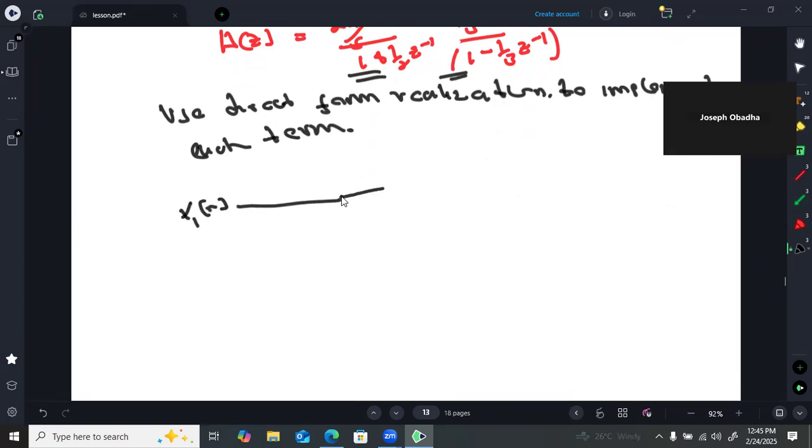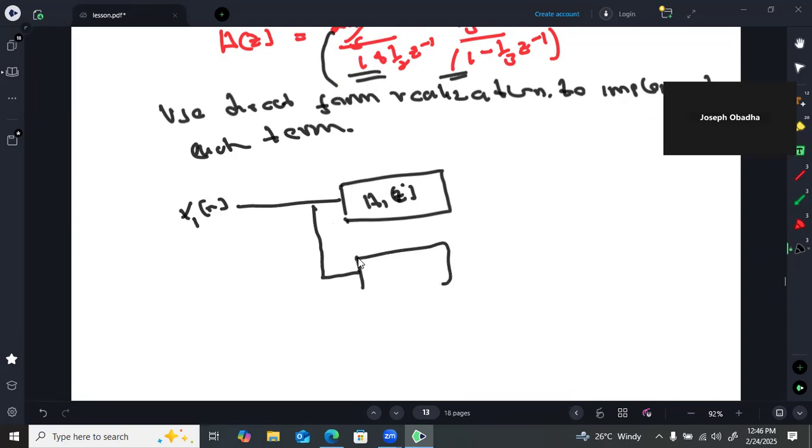Here we don't have a constant, so we'll just have H1(z), which is this implementation here, and then you have the other one, H2(z).